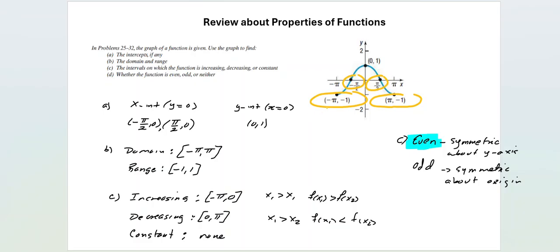So for every point x comma y on your graph, you have the reflection of that point, minus x comma y, also in your graph. So this graph is symmetric with respect to the y-axis. So this graph is the graph of an even function, right? So this is just the first part that we wanted to discuss: when the function is even or odd, the intervals of increasing, decreasing, or constant, domain and range, and the intercepts.